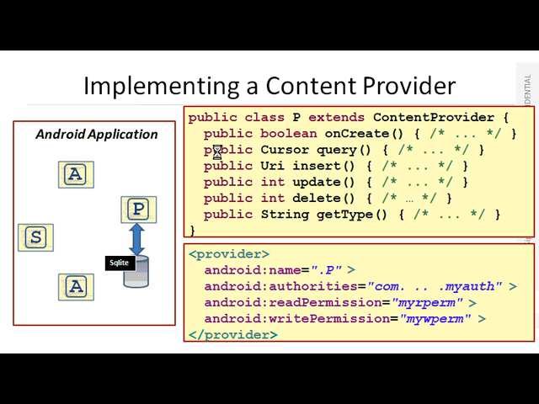So these are the read permissions and write permissions, as I told you. These permissions must be specified under the uses-permission tag inside the Android manifest.xml file of the applications that are going to access your data.